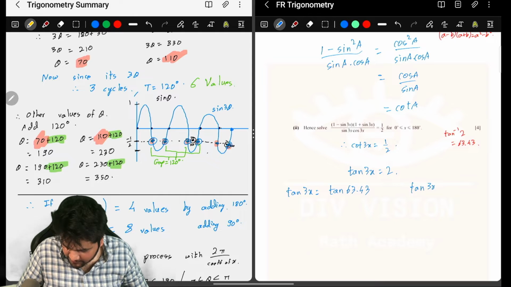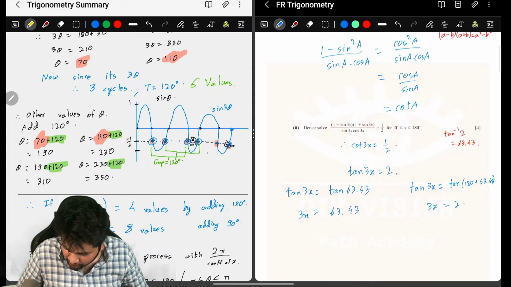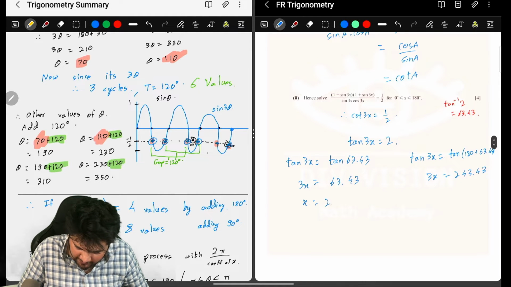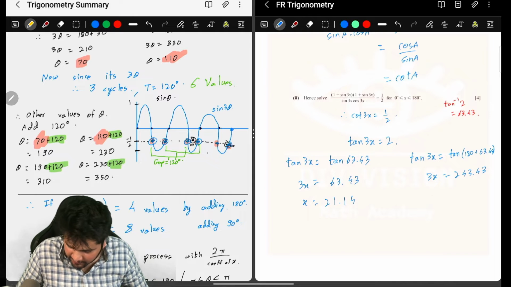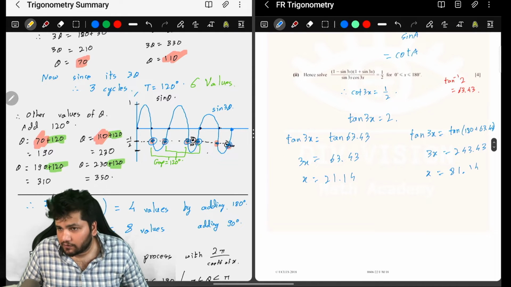So it's going to be tan 3x is equal to tan of 180 plus 63.43. So you'll get 3x is equal to 63.43, or we will get 3x is equal to 243.43. As you can see, you will get x is equal to 21.14, and here you will get x is equal to 81.14.